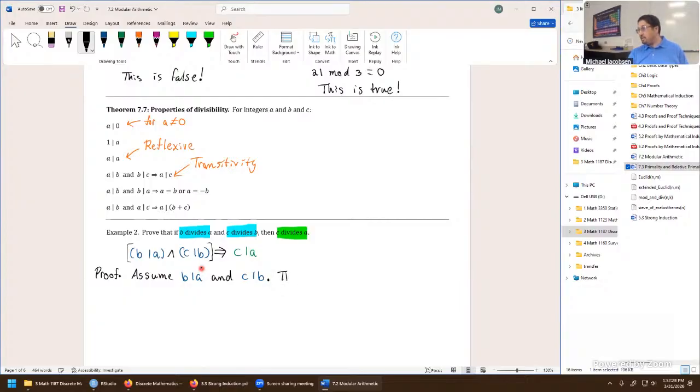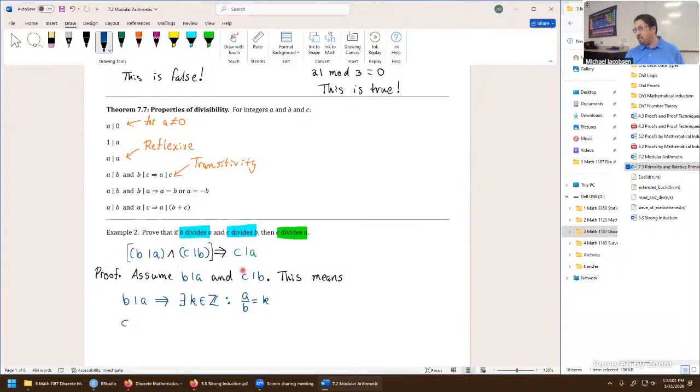We can say this means we're unpacking the definition of divisibility. Starting with this one, B divides A implies there exists an integer k in Z such that when we take A divided by B, we get k altogether. So that's one way to write divisibility. For this portion right here, same idea, just different letters.